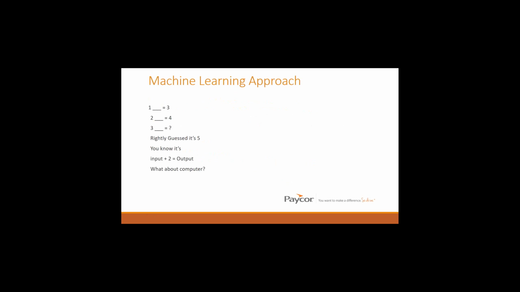With a computer, you have to write input plus 2 equals output in order to get the result. But in a machine learning algorithm, you give those examples and apply a machine learning algorithm to it, and this whole logic, input plus 2 equals output, will be written for you. It will be inside a model. That will be your teeny tiny brain of logic.